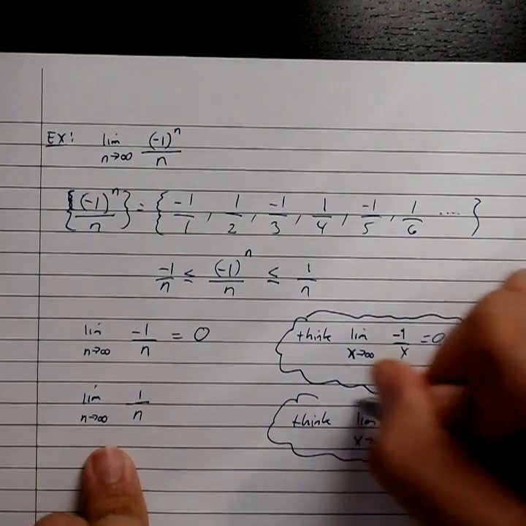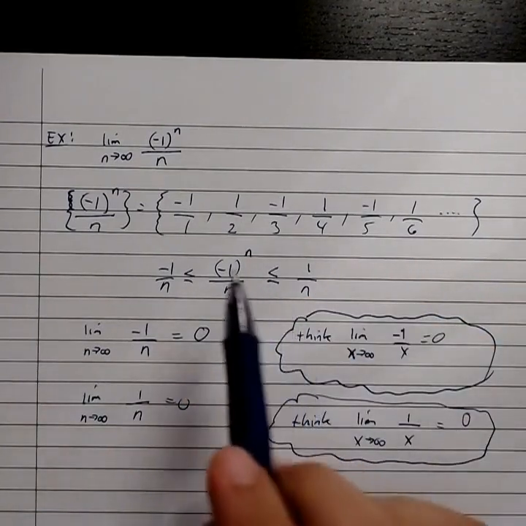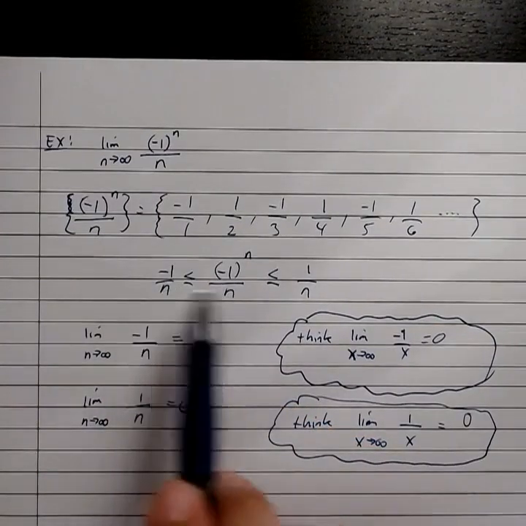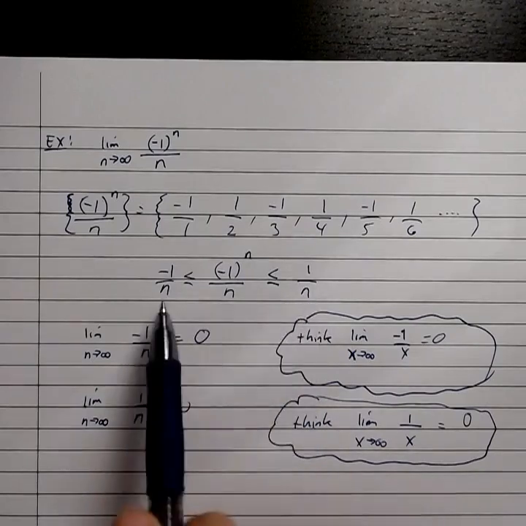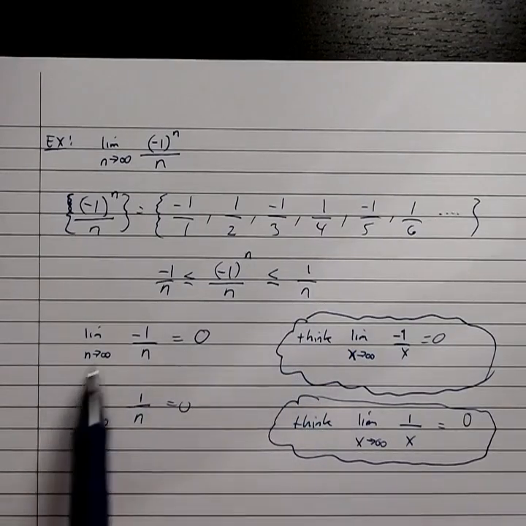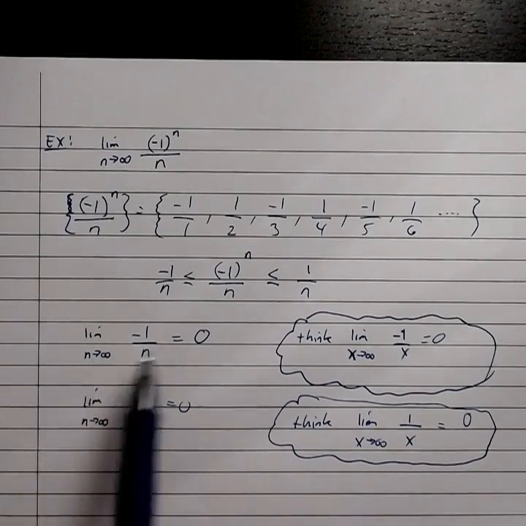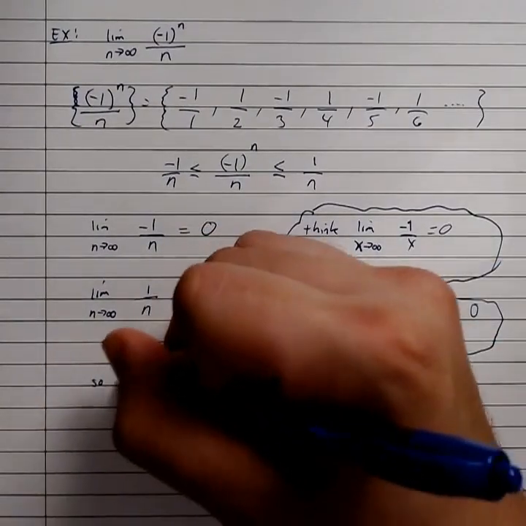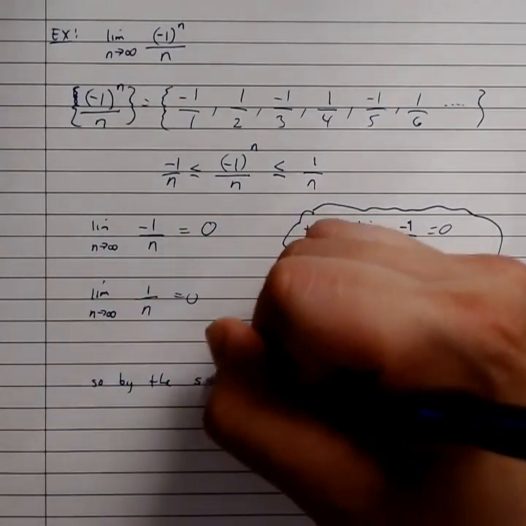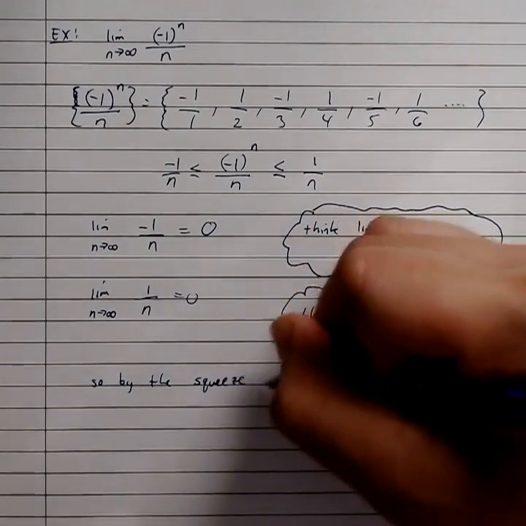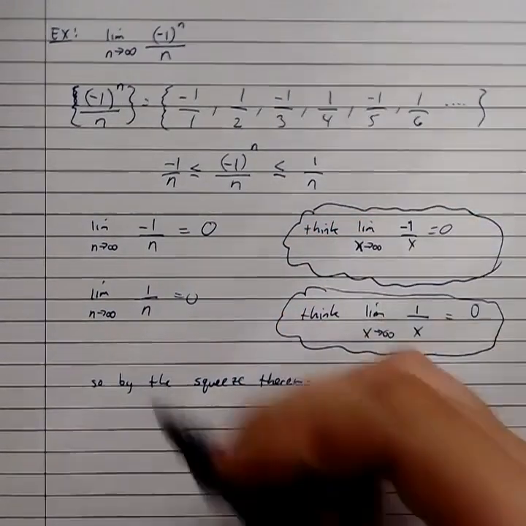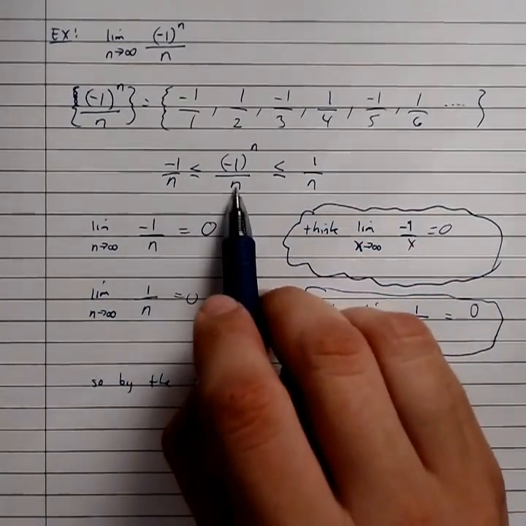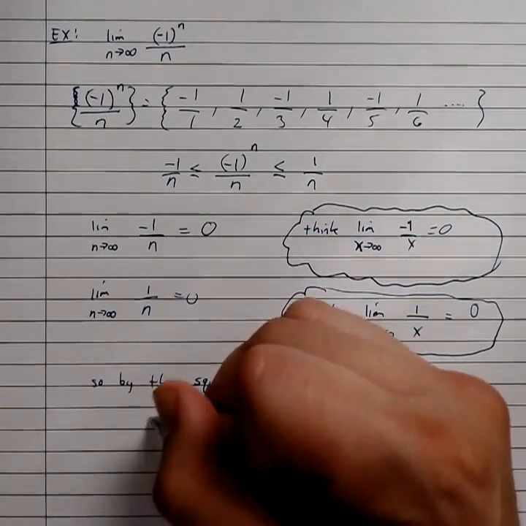Okay. So here we have the nth term of a sequence that is locked in between the nth terms of these two other sequences. But now, these two other sequences have their nth terms approach 0. So, by the squeeze theorem, we have that the limit of this one must be bound between the limits of these.